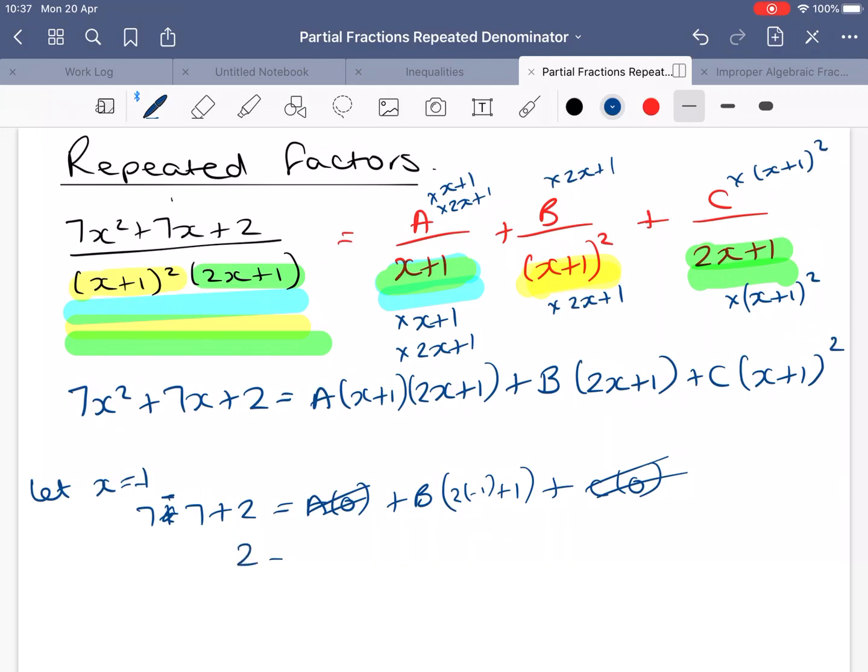So we've got 2 equals minus b, therefore b equals minus 1. There's the first constant that we're looking for.